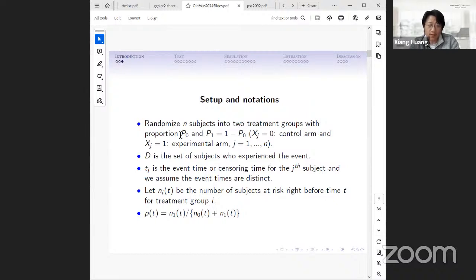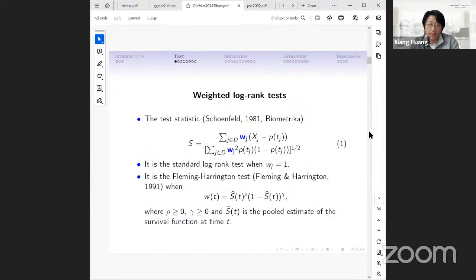N_i(t) is the number of subjects at risk right before time t for the two treatment groups, and p(t) is the proportion of the number of subjects at risk in the treatment group over the total number of subjects at risk.